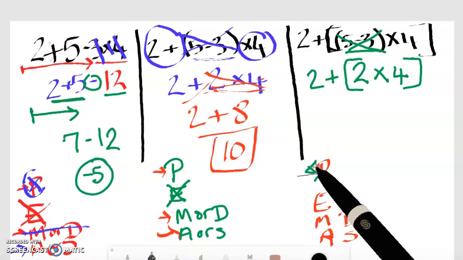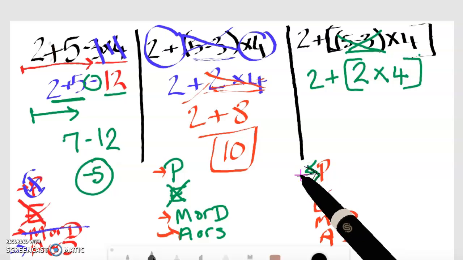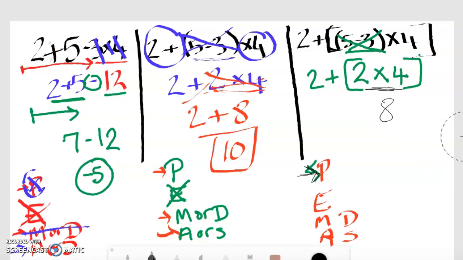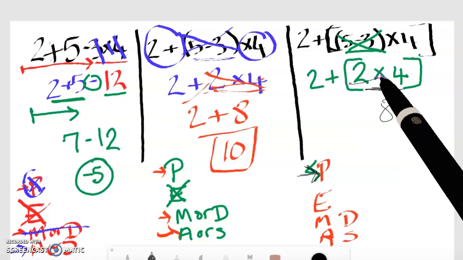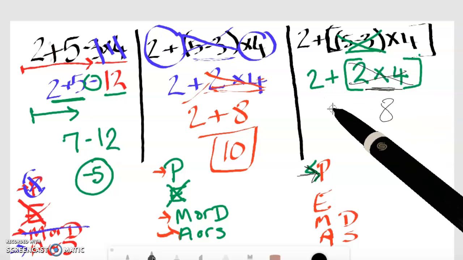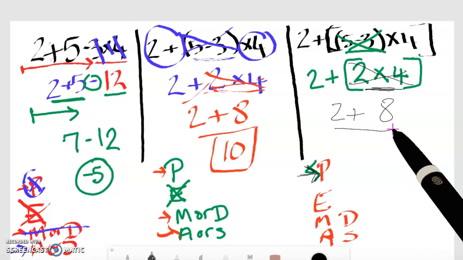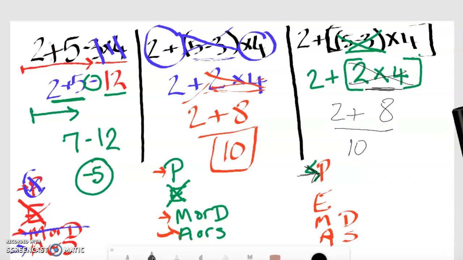Do I have any parentheses or brackets? Yes, I do. I've still got 2 times 4 to do in here, so I have to do that first. That's 8. And then I have to cross that out, and now I can bring down the 2 and the plus, because I have not yet done that. 2 plus 8 gives me 10.